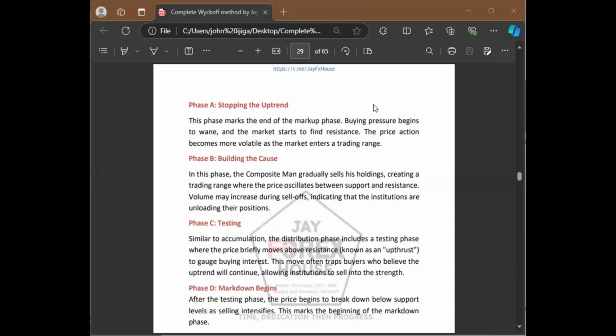On this episode, we will be looking into the phases within the schematic and how you can find them on your chart. I've been giving you guys insights on how accumulation, distribution, reaccumulation, and redistribution work, but I haven't given you a little insight into how the phases work. Although they are similar within the schematics, you have to also know when and where they fit in the whole structure.